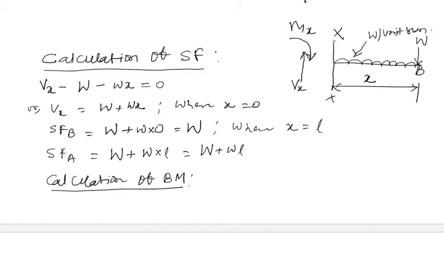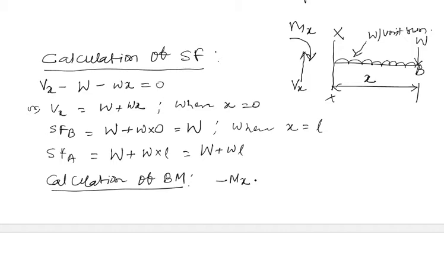So here the bending moment at section X is minus Mx, because this is in clockwise direction. Whenever bending moment is in clockwise direction, it will be taken as negative.